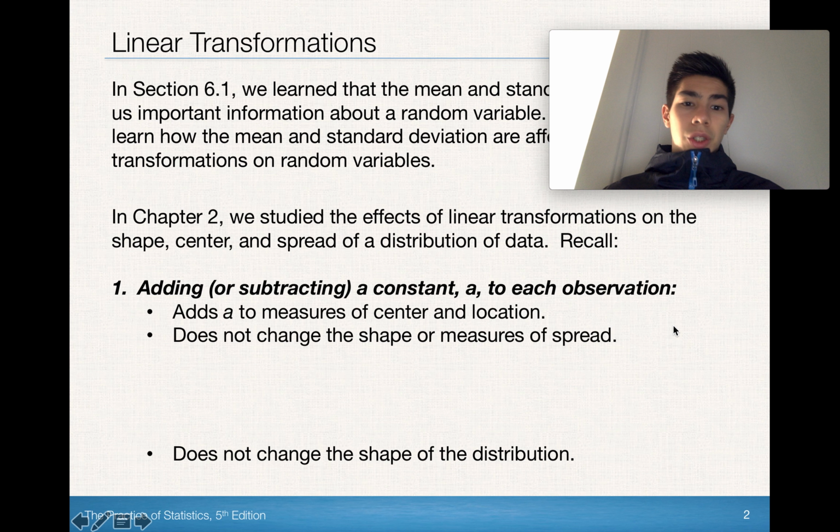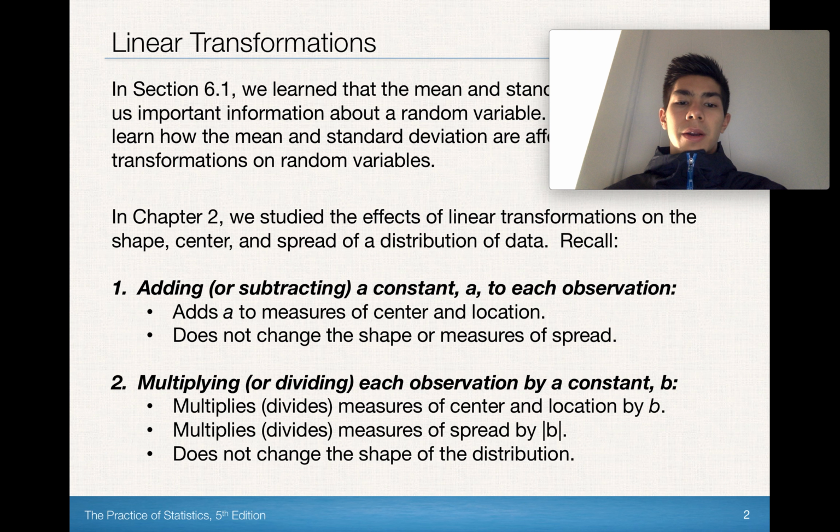You guys should remember from chapter 2 that when we add or subtract a constant to a data distribution, it adds or subtracts a to our measures of center and location, in this case mean expected value, but it does not change the shape or measure of our spread, which moving forward will be standard deviation.